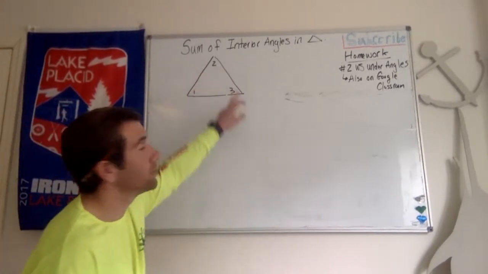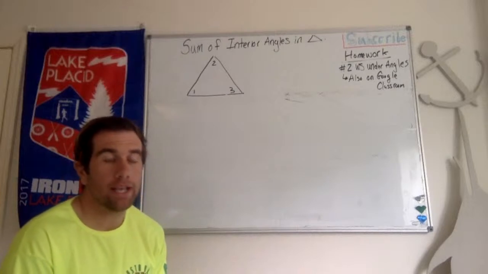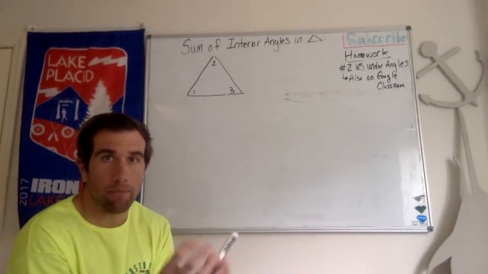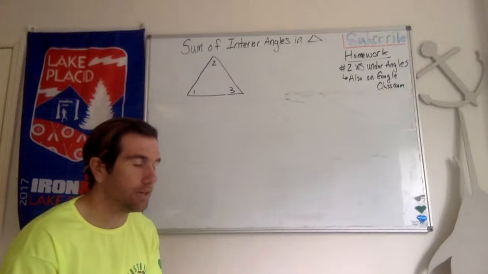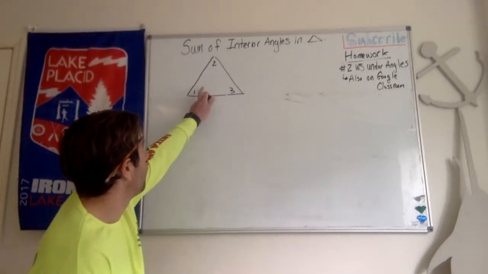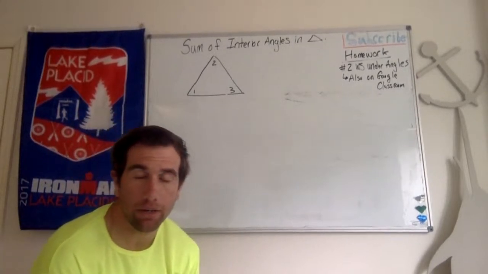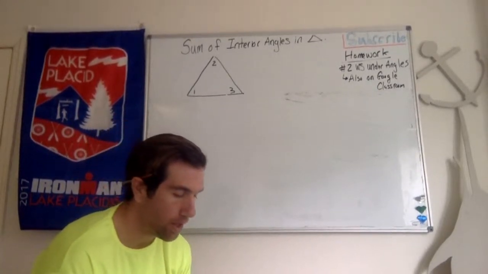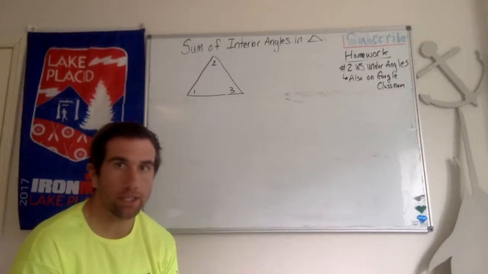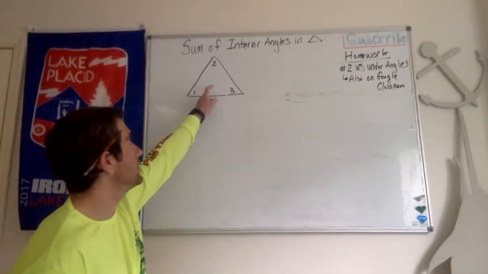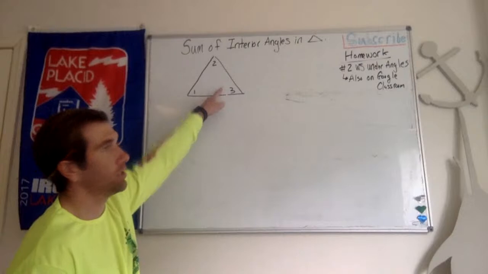The 3 angles in a triangle always give you a sum that equals 180 degrees. So angle 1, 2, and 3 should always add up to be 180 degrees when dealing with a triangle. And that's all we're really focusing on today. We're just focusing on the inside angles, interior angles within a triangle.